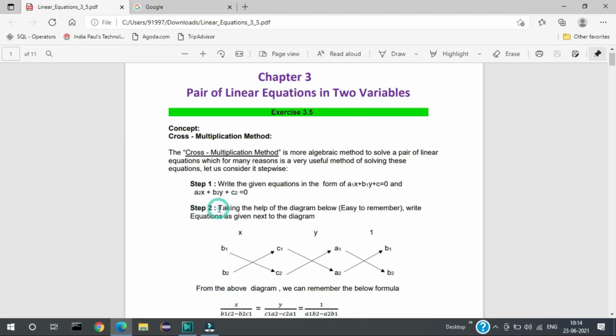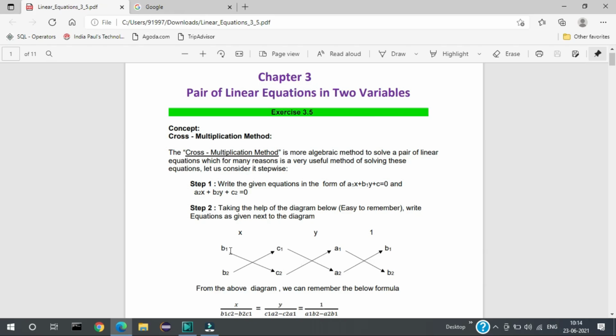Second step, taking the help of the diagram below, we can easily remember the equation. We have to write the given equations in this form. First x, y and 1. So b, c, a and then again b.